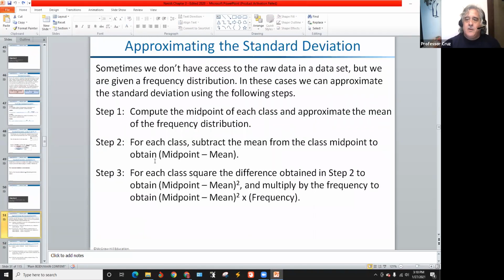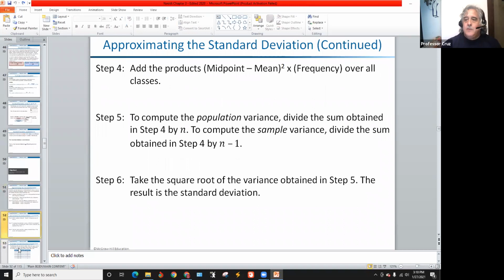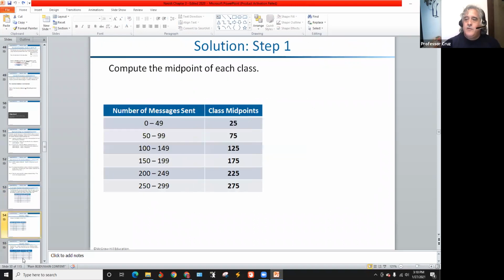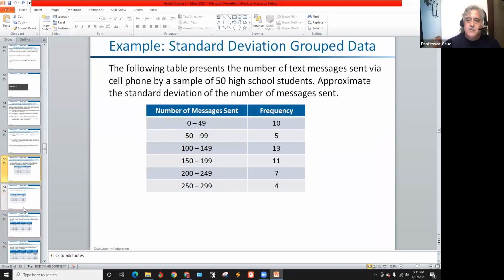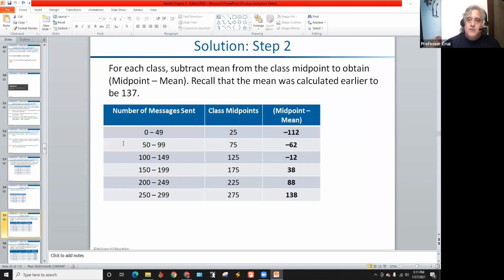You can also do the same thing with the grouped data for the standard deviation. You're just going to go one more point. You take that mean that was calculated, which was 137. So subtract 137 from each one of the midpoints, and you got these half negative and half positive.